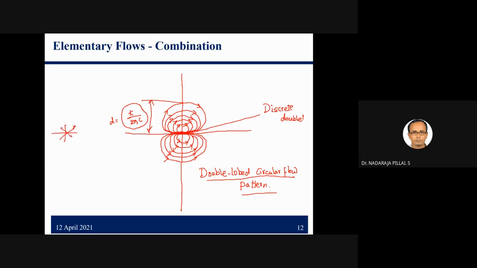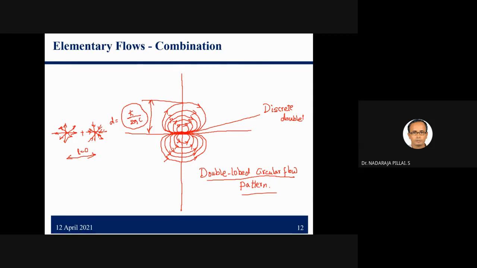The source flow and the sink flow, and the distance between them becomes 0, both at the same location. So you have a flow like this, right? Please remember this. This is very interesting. We can derive it, and we will study some combinations at a later stage.